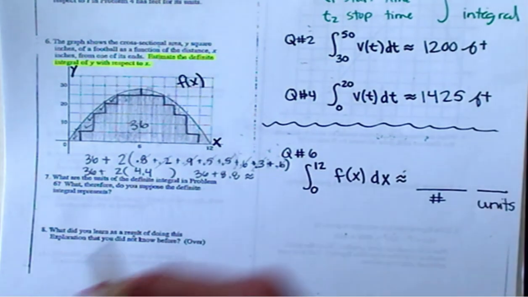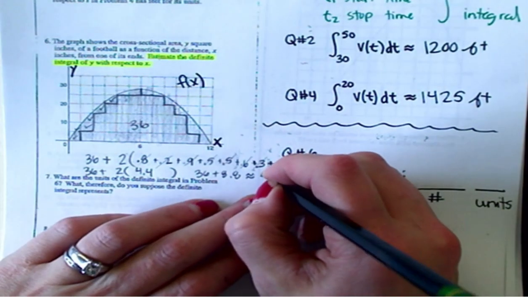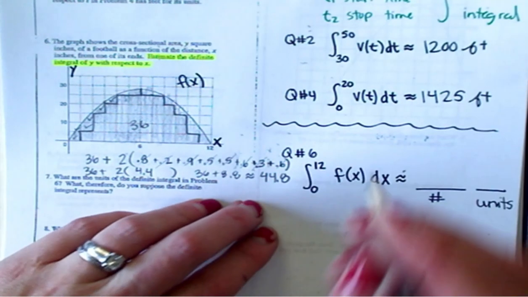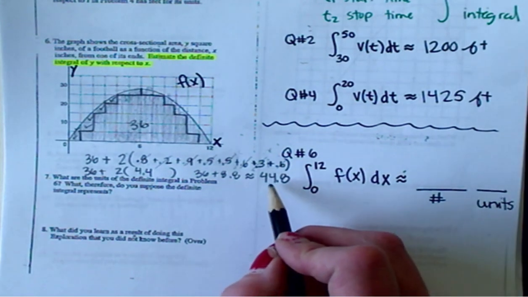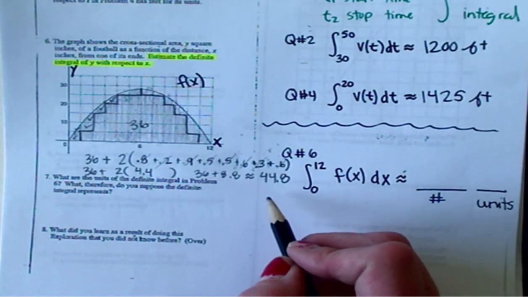Okay, so I get about 44.8 squares. Right, within a half to 0.75 squares, right? You should probably be between 44 and 45 and a half.